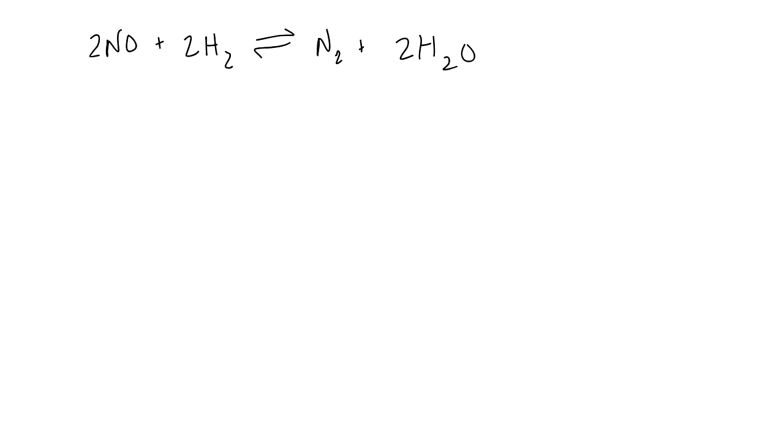So we set up our ICE, initial change and equilibrium. Our initial value of the NO was a 0.1 molar solution. The initial of hydrogen was 0.05 molar. We said nitrogen wasn't given to us, so its initial is 0. And water was 0.1 molar.